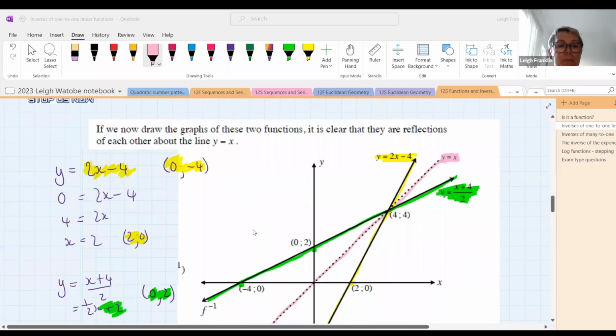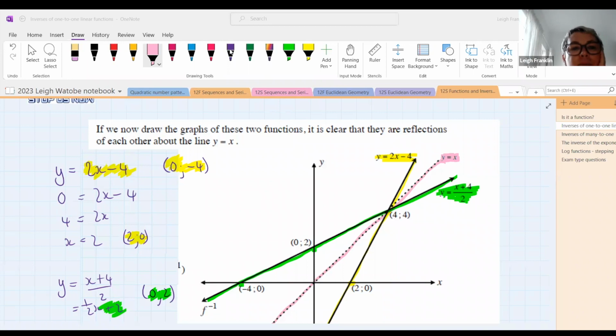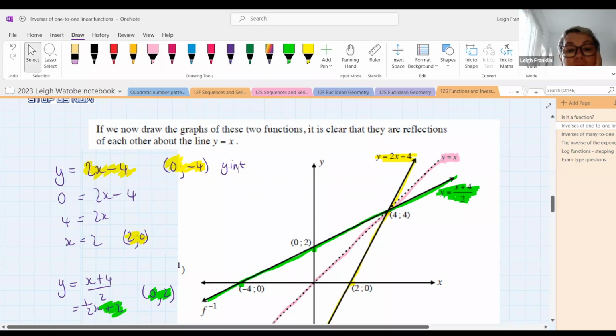Okay, so before I move on and I talk about what happens when it passes through the origin, I just want to point out something to you, okay? If you have a look at what I highlighted in yellow, remember, this was my y-intercept, okay? So this point over here was my y-intercept, and you guys can see it clearly down there, okay?